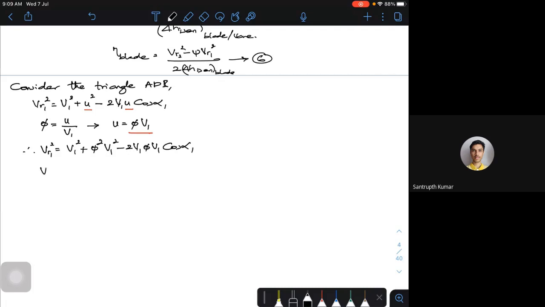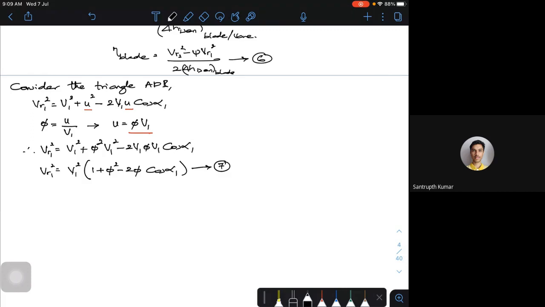Here also, V1 square comes outside. This becomes 1 plus phi square minus 2 into phi into cos alpha 1. I am going to call this equation number 7. So I got VR1.